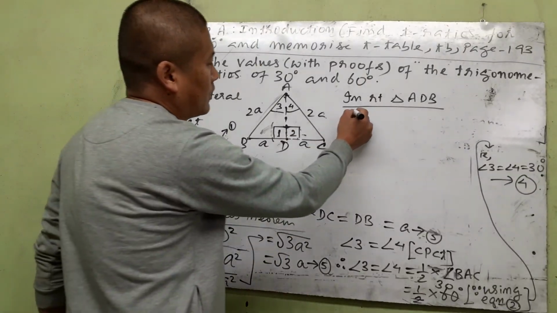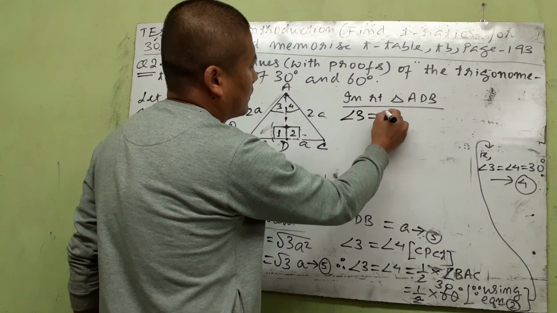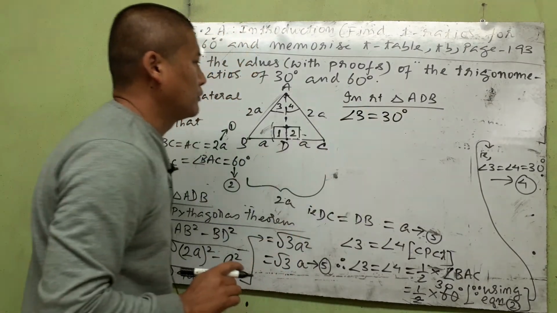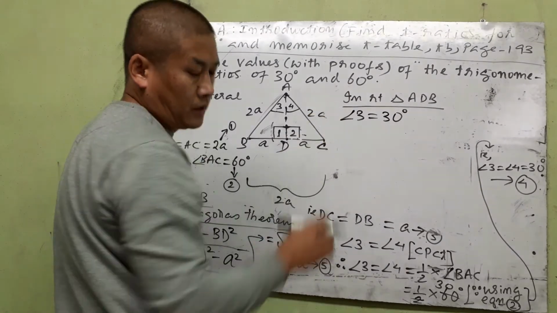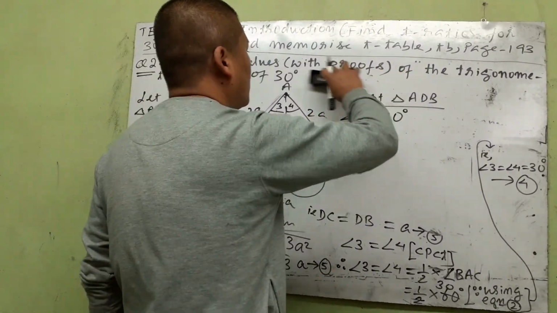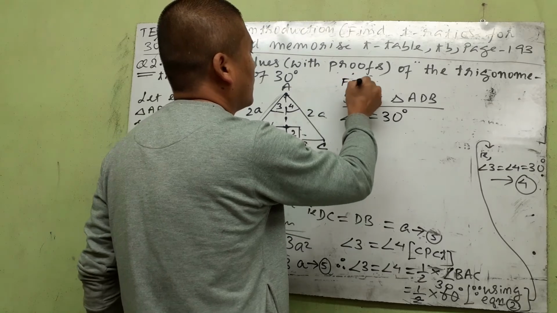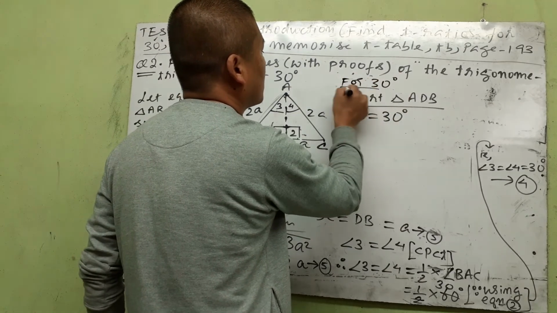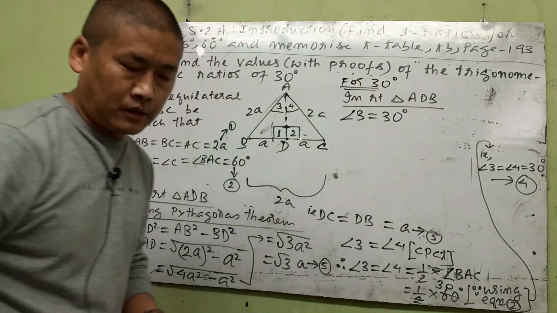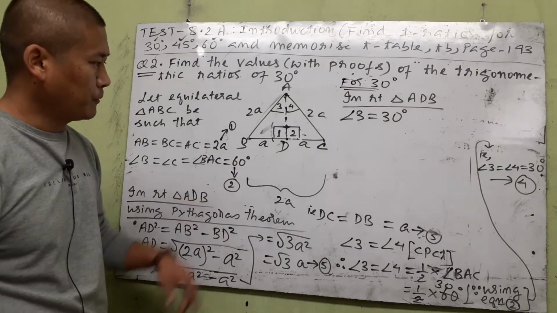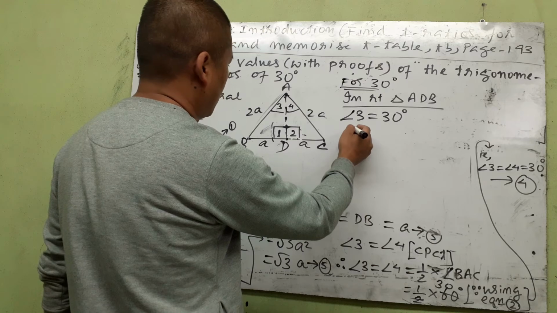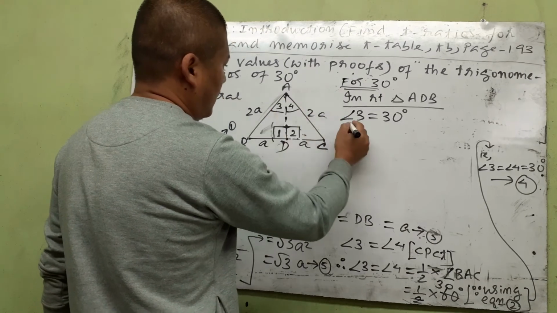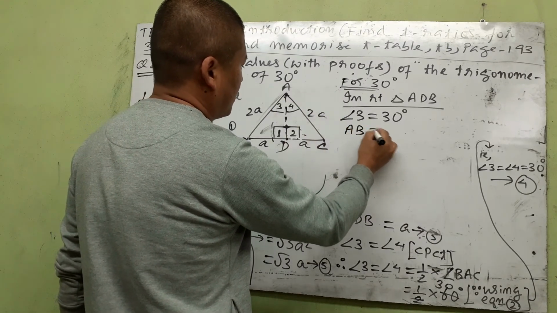So let us write here. Angle 3 is the 30 degree because we want to find out for 30 degrees. So you can just write a heading here for 30 degree. We're using ADB, so 30 degree. The 3 sides we'll write out to make it easy for us.